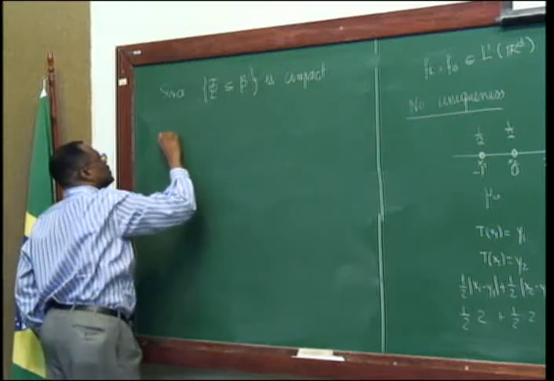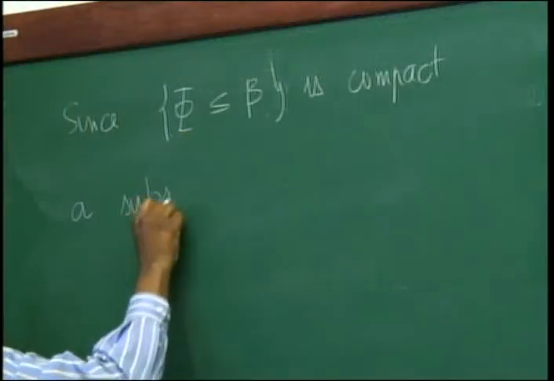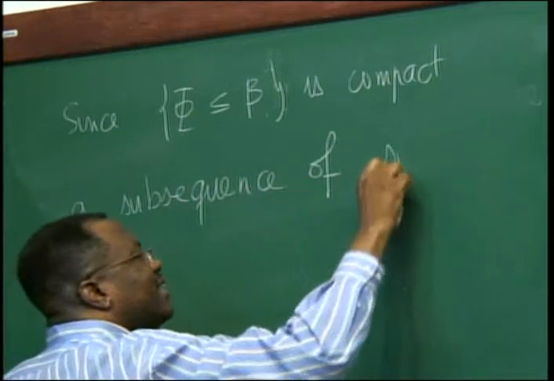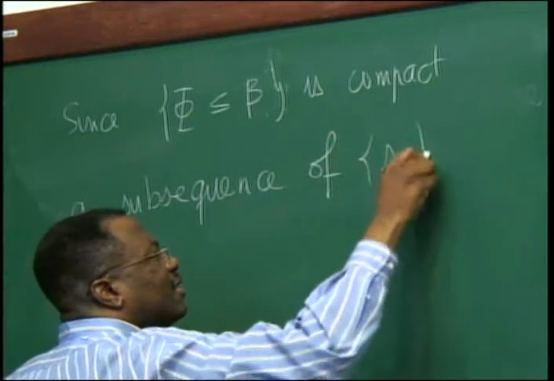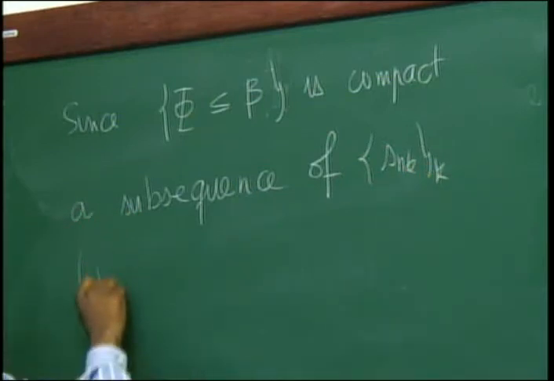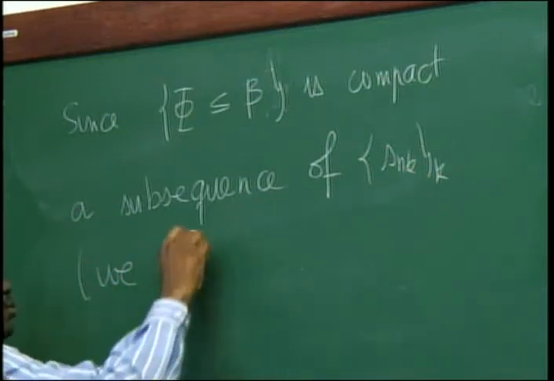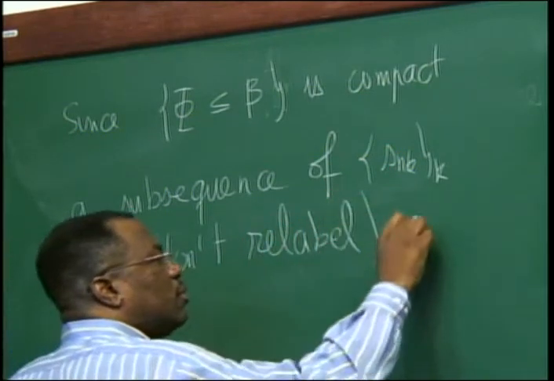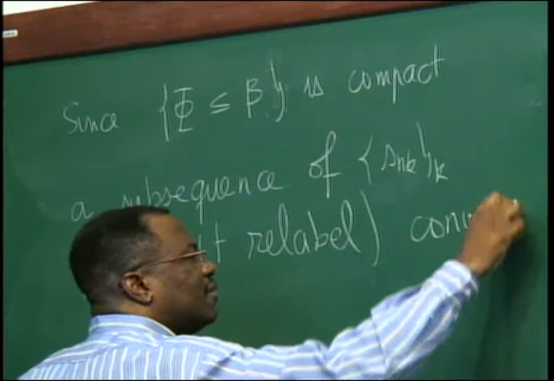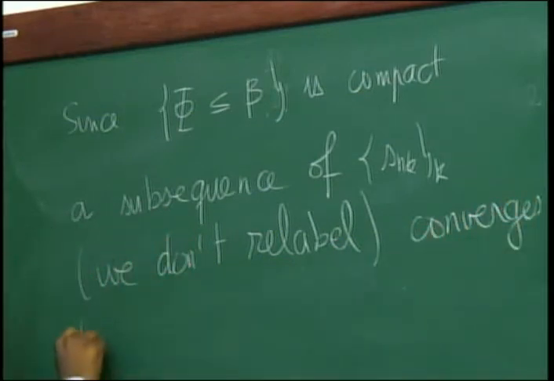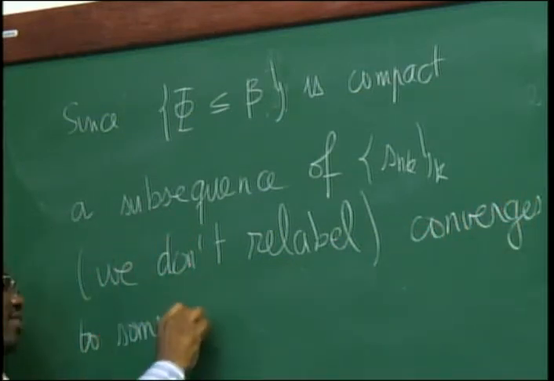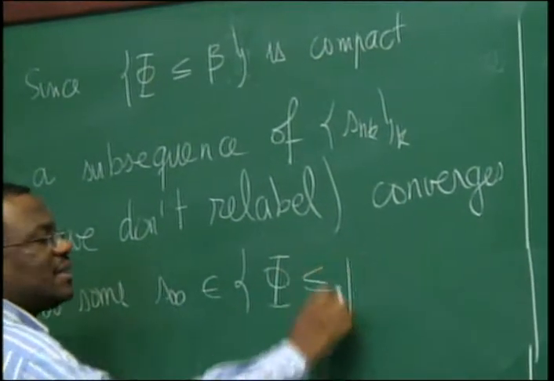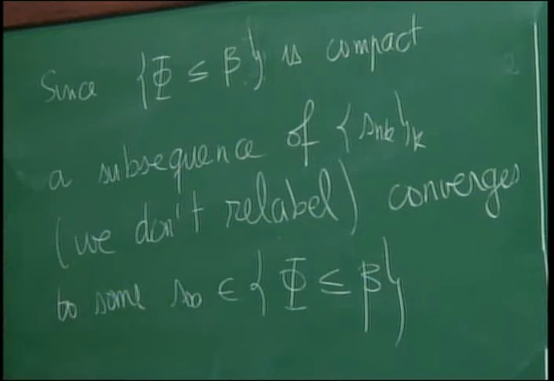A subsequence of S_{n_k}, we don't relabel, converges to some S_infinity in the set where phi is less than beta.